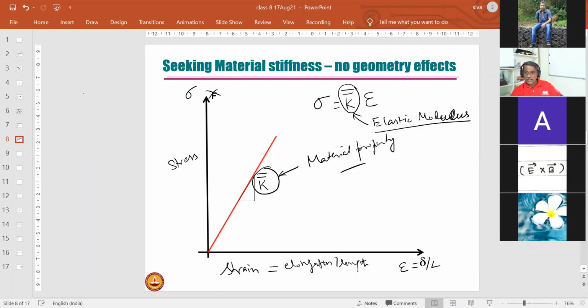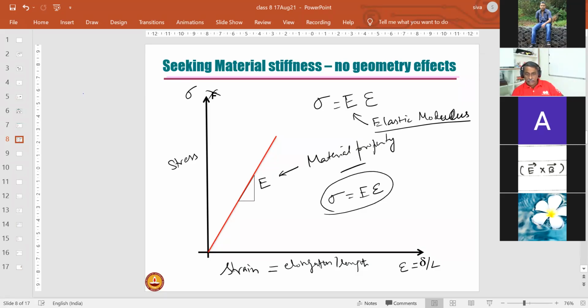This is called the elastic modulus, and they use a symbol which is not K but E. Okay, so I'm going to remove this and say this is E. Okay, so I have sigma is equal to E epsilon is what I get, right?